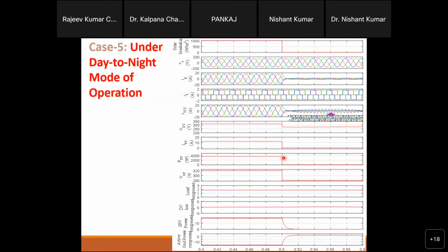But in the night time, when this portion is zero, you can see this is zero, it means the PV power is zero. At that time the load is balanced, the load is nonlinear, but the grid current is sinusoidal. The load is nonlinear and PV power is zero, meaning power is not coming from the PV side, but the grid current is pure sinusoidal. Why is this like that?